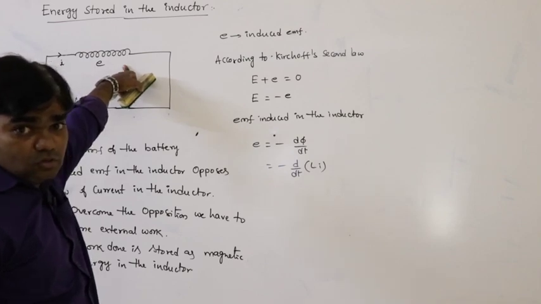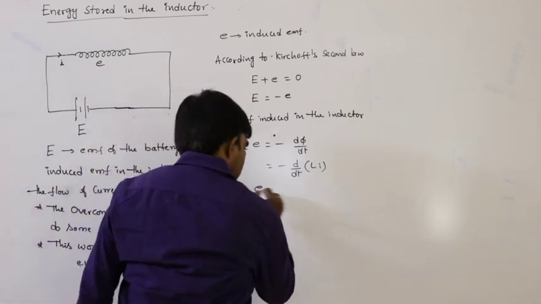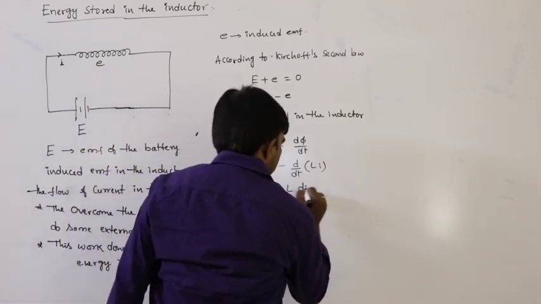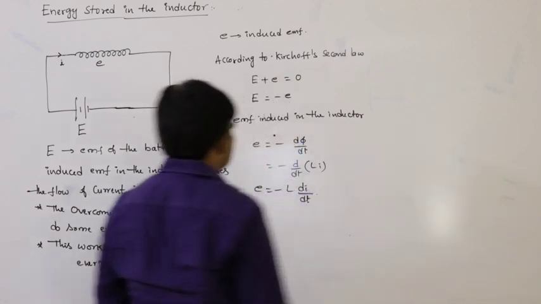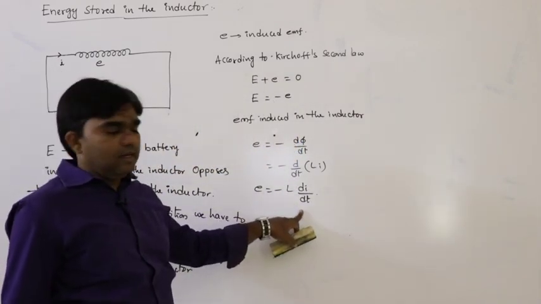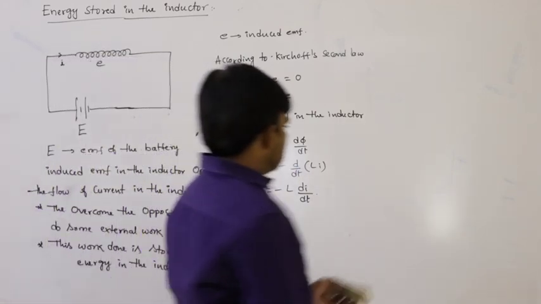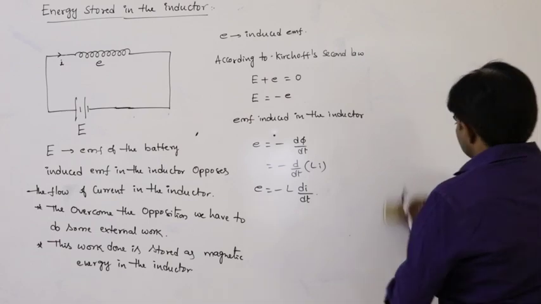Flux linked with the closed coil is equal to L into I. So e is equal to minus L into di by dt. This is the EMF induced in the inductor.